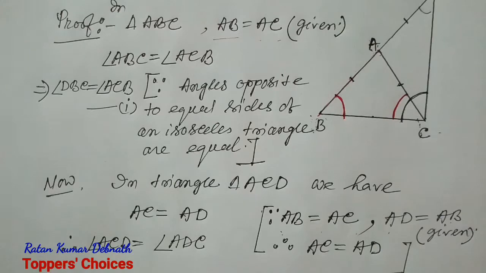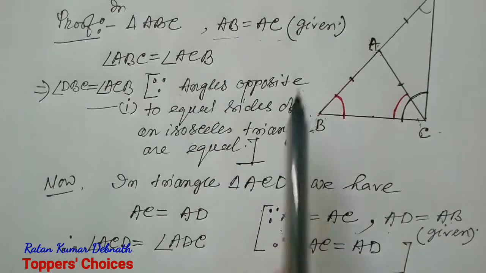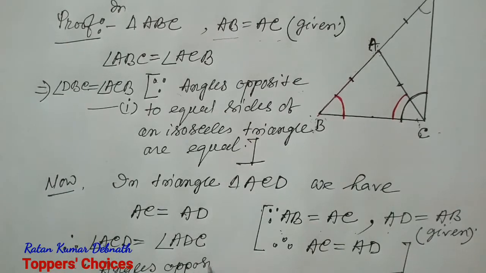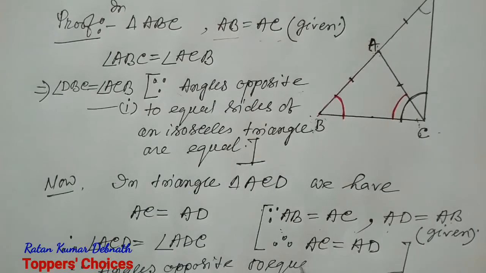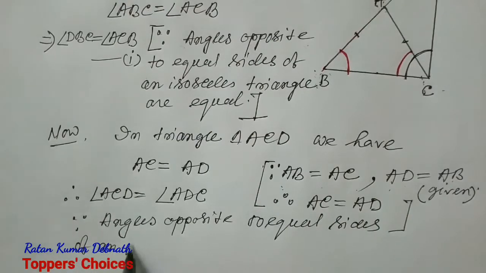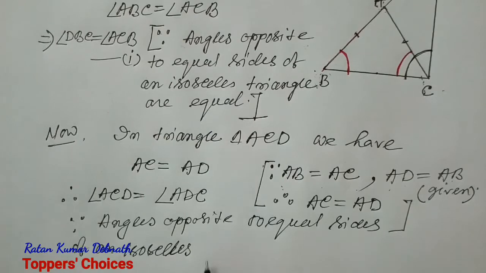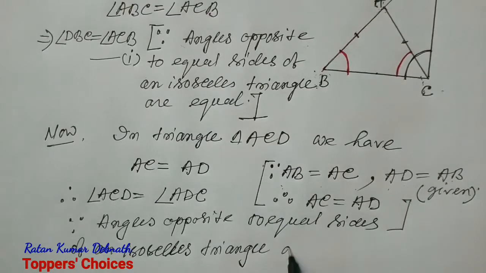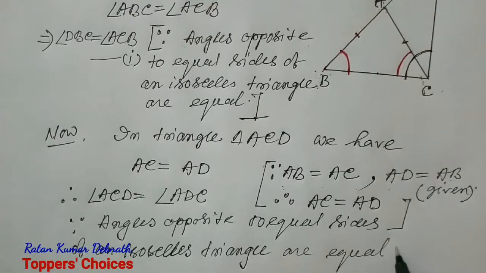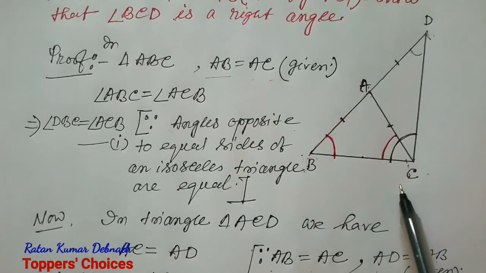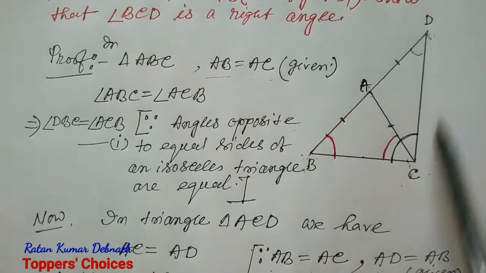The reason behind this is same as above, that is, angles opposite to equal sides of an isosceles triangle are equal, and angle ADC equals angle BDC.